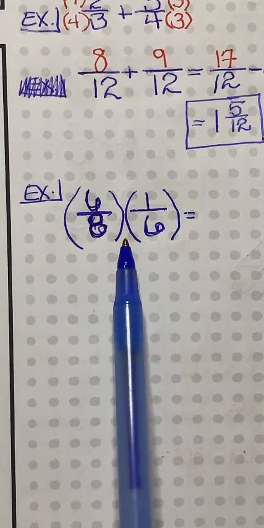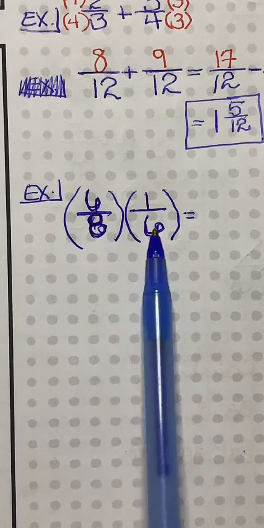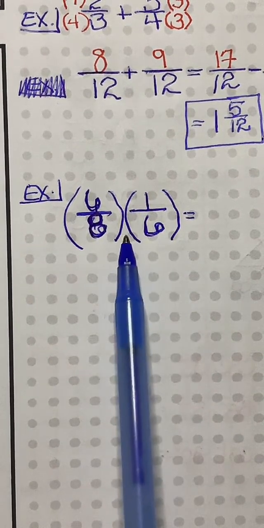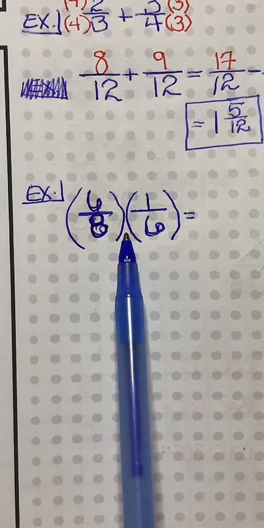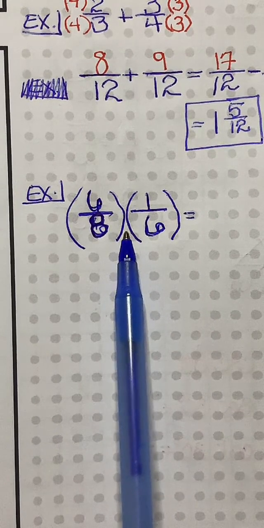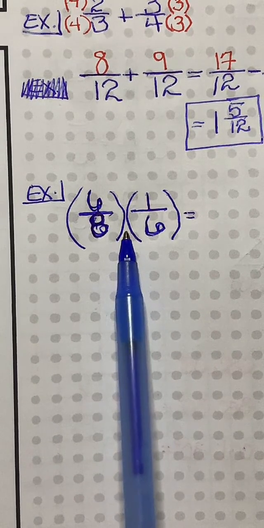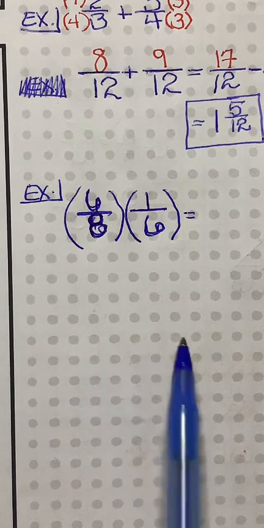So if you look in between these two ratios, that's also another name for fractions, and you don't see a plus or a minus, that means it's multiplication. Not cross multiply, bestie. Cross simplify.